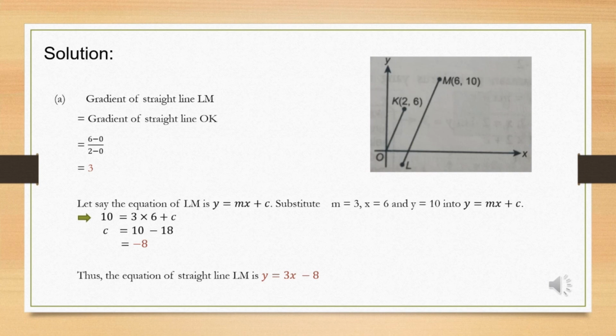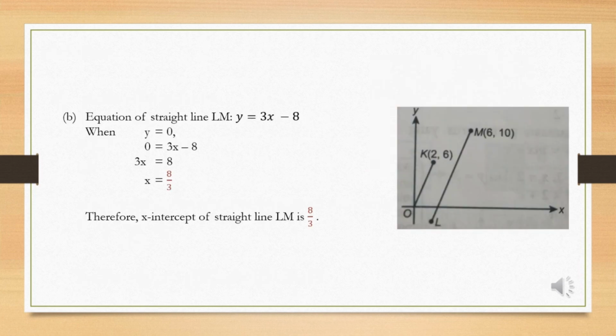Thus, the equation of straight line LN is y equal to 3x minus 8. For part B, after we find out the equation of straight line LN, we substitute y equal to 0 to find out the x-intercept of straight line LN. When y equal to 0, x equal to 8 over 3. Therefore, the x-intercept of straight line LN is 8 over 3.